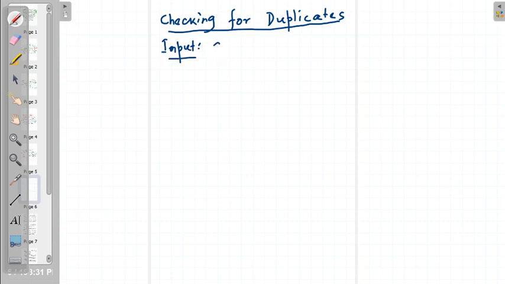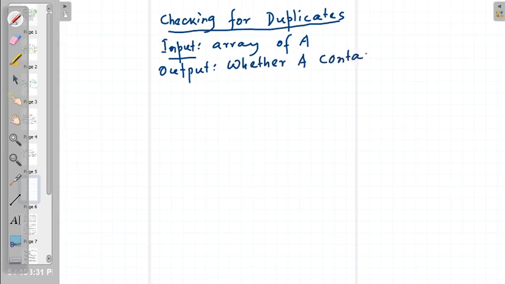So input is an array A of n integers, and output is whether A contains an integer more than once.